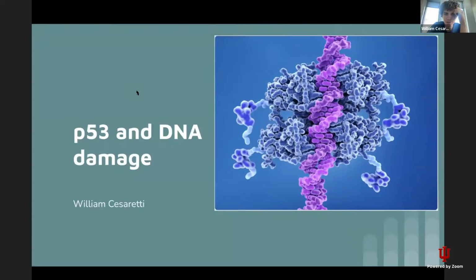What I'm thinking about doing is analyzing the role of a protein called P53 in repairing DNA damage, or its role in deciding what to do when DNA is damaged.